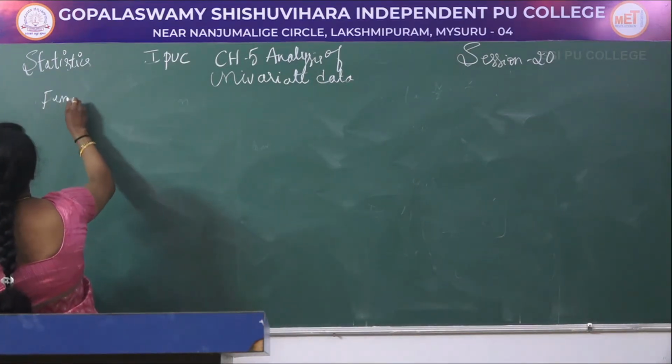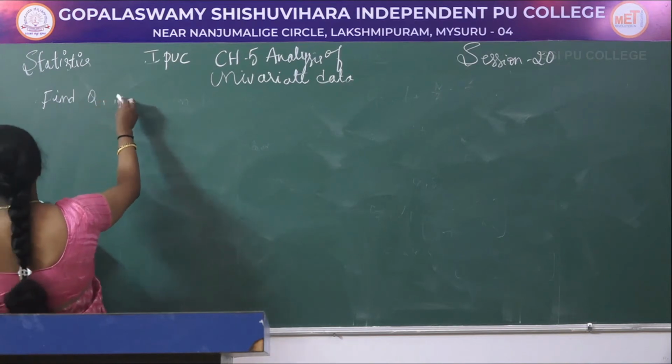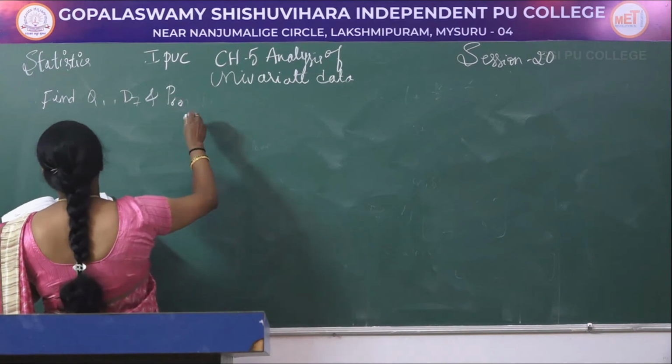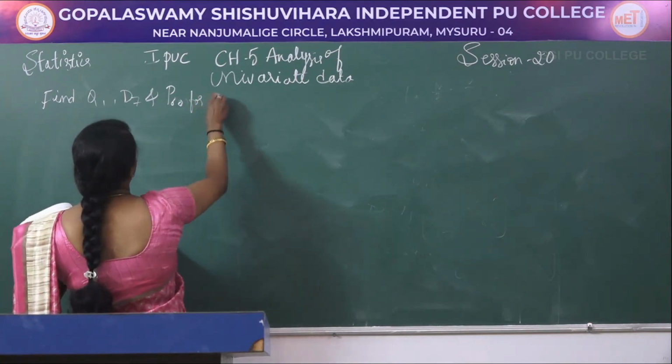Find Q1, D7 and P60 for the following data.